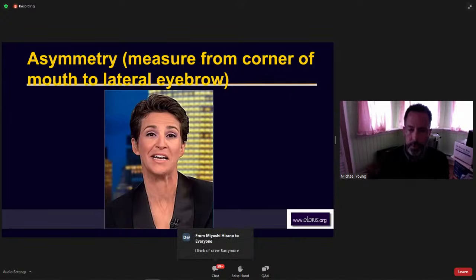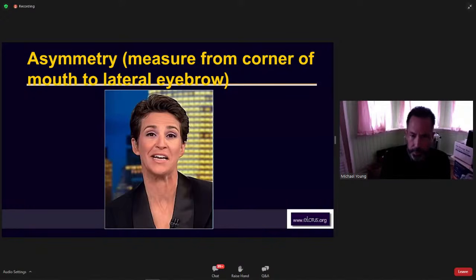Her right side is quite shorter than her left side. And usually when this happens, it's not just the face, it's the hemipelvis and the lower leg length. Usually one side is more yin and one side is more yang, or more prone to imbalance.